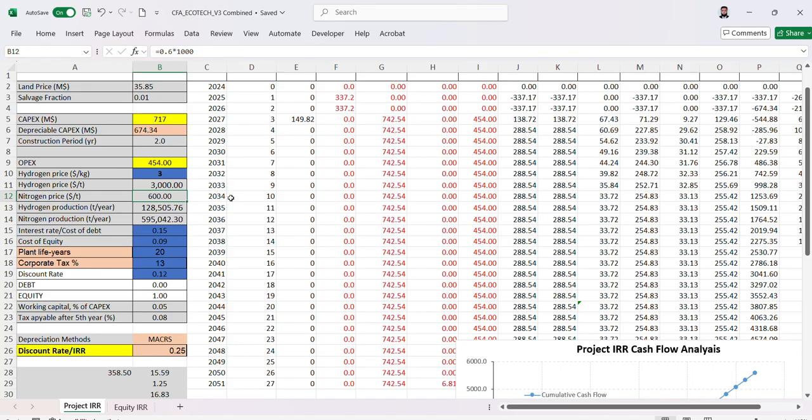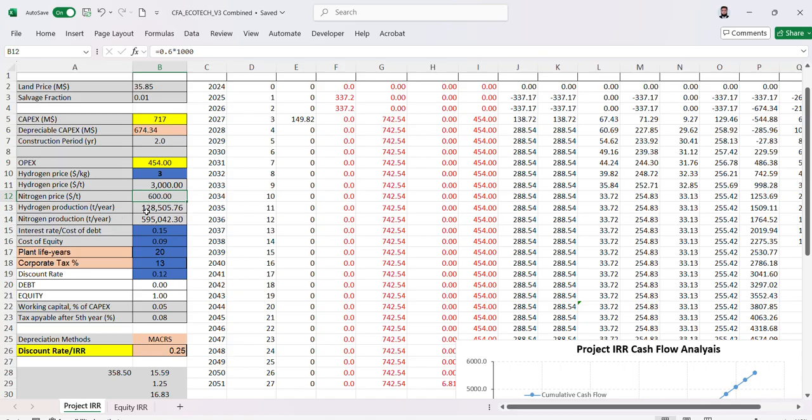And while producing hydrogen in the plant, at the same time we can produce nitrogen as well, depending on the process or the technology you use. So let us assume the nitrogen price is $600 per ton.